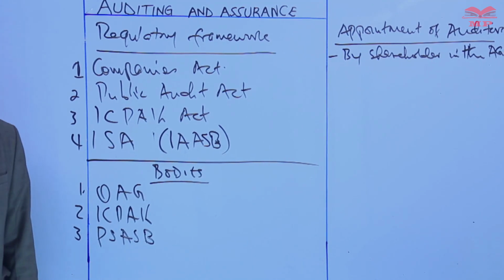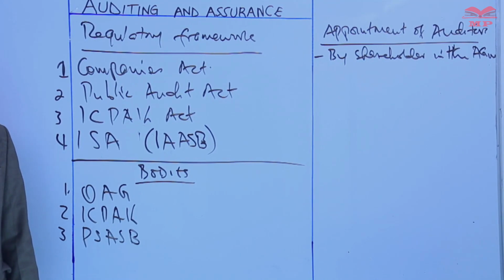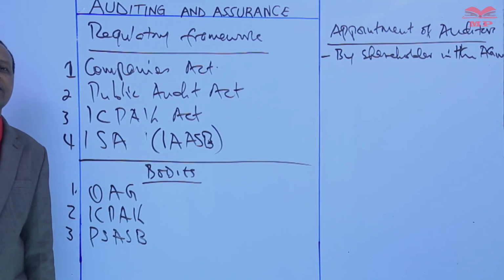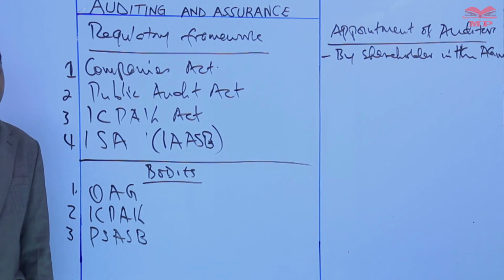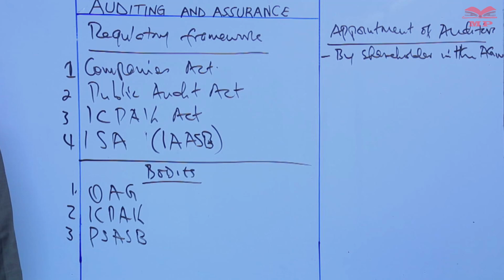And in case the existing auditor is disqualified or resigns or is removed, the Act allows the appointment of an auditor by the company's directors.